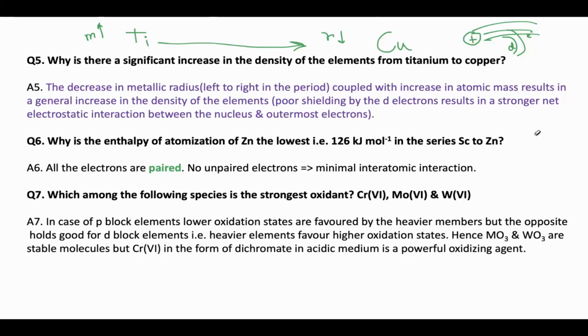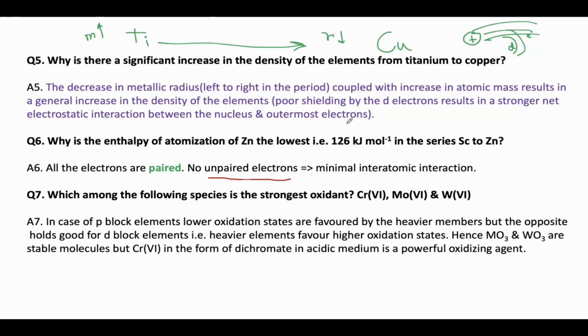Since the enthalpy of atomization is directly proportional to the interatomic interaction, and the interatomic interaction is directly proportional to the number of unpaired electrons.